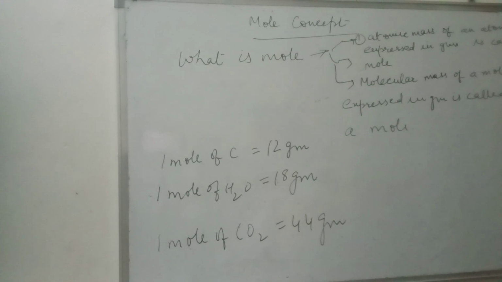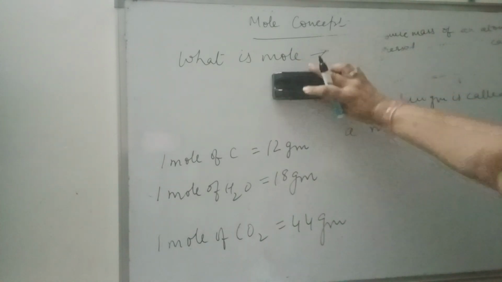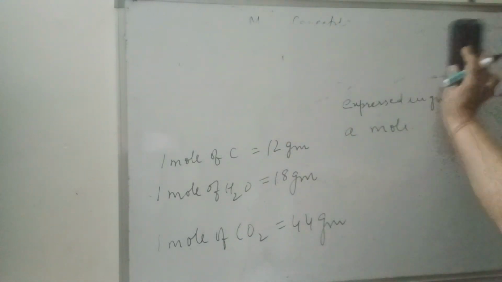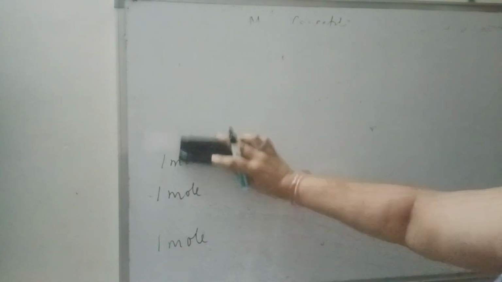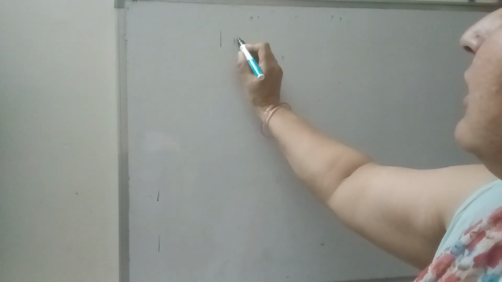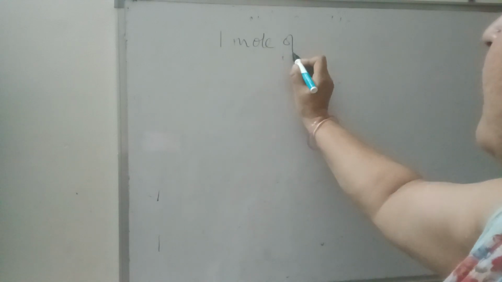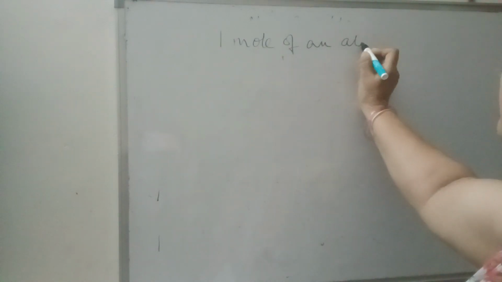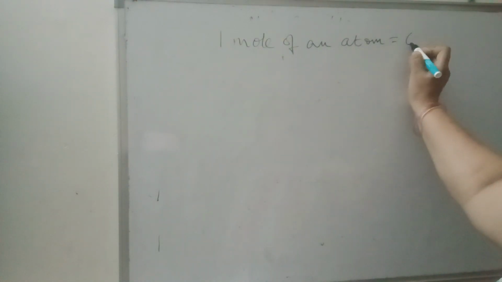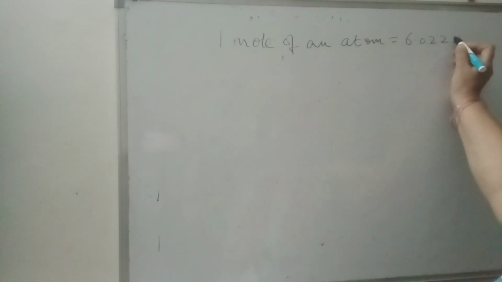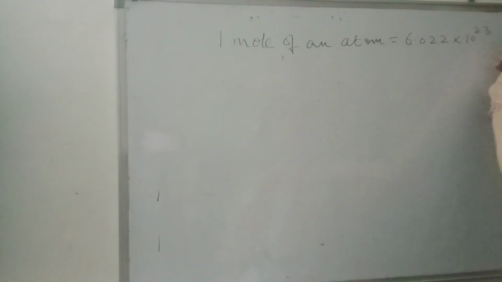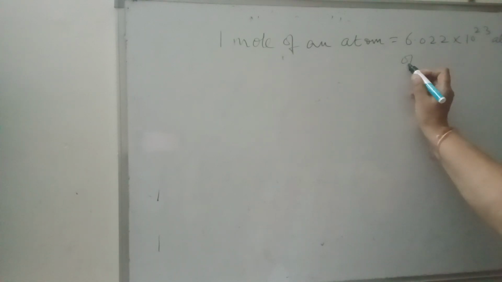Now there is second definition of mole. The second definition of mole is: one mole of an atom is equal to 6.022 into 10 raised to the power 23 atoms of that element.